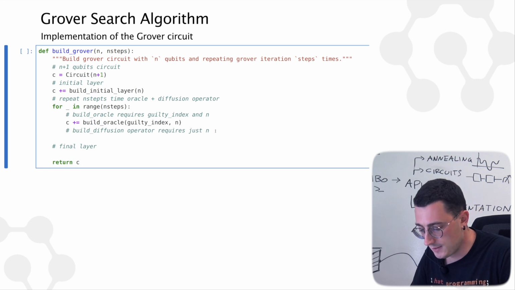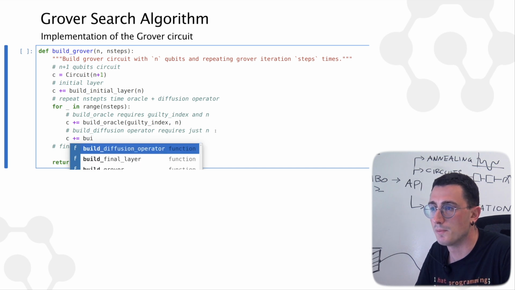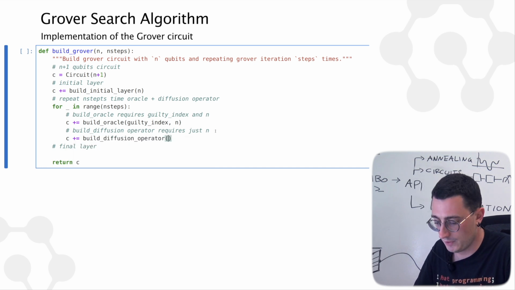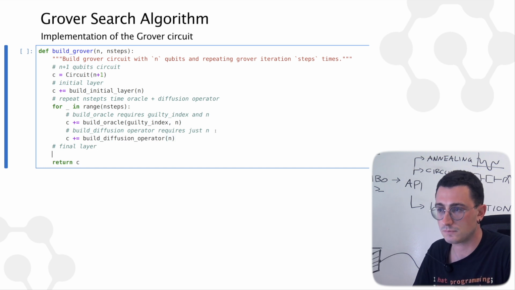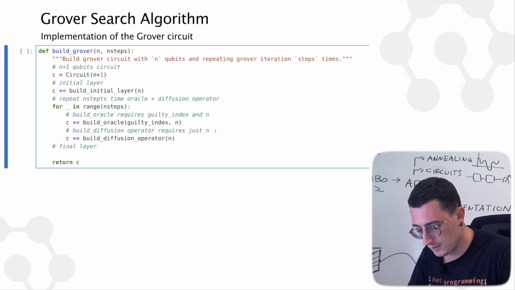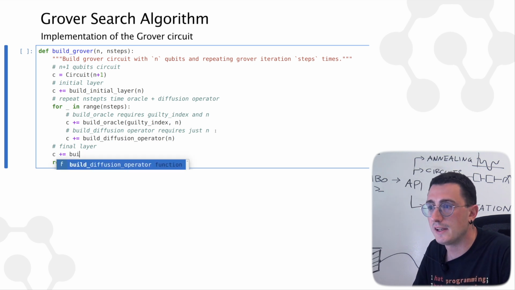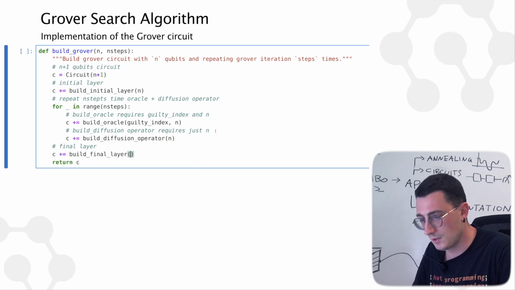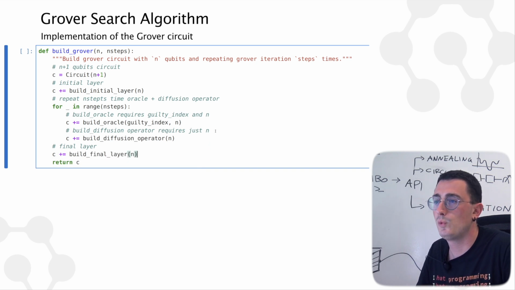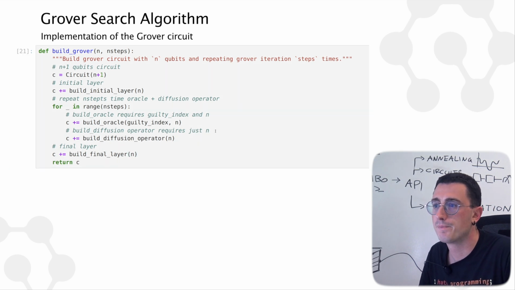Moreover, we can say C plus equal build diffusion operator, and we provide the function with the number n of qubits. Finally, what we can do is to add the final layer, so just the measurement gates. So C plus equal build final layer, and we pass n. This will conclude our quantum circuit.